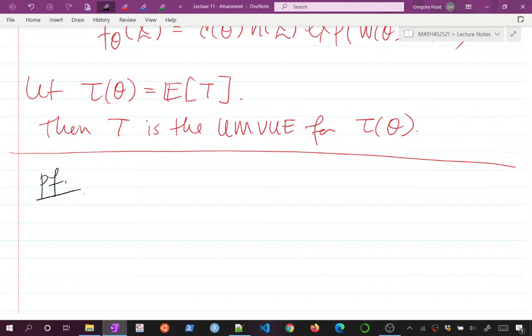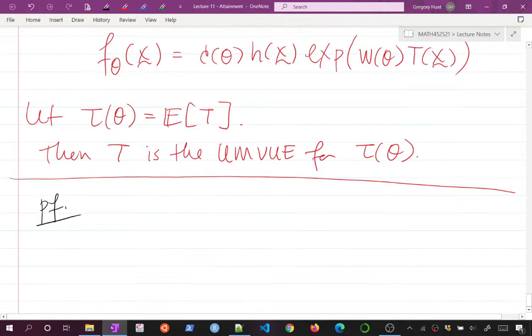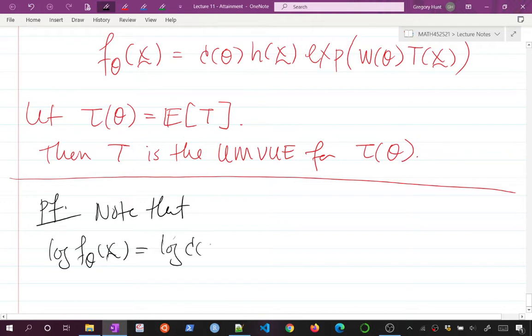So, okay, let's look at it. If this is f theta, then note that log of f theta of x, we're just going to take the log of this, is log of c theta plus log of h of x plus w theta times t of x, right?